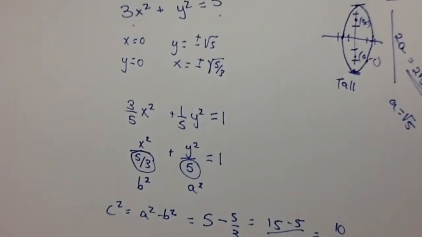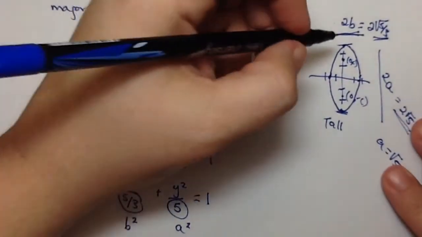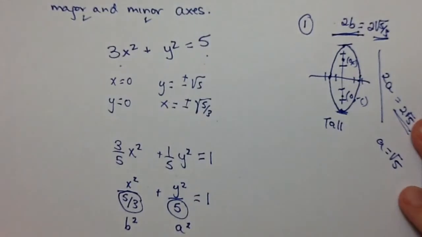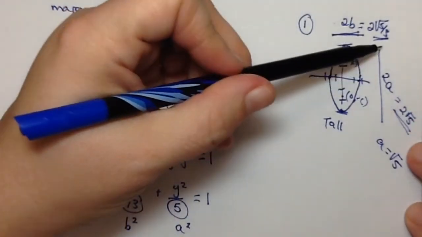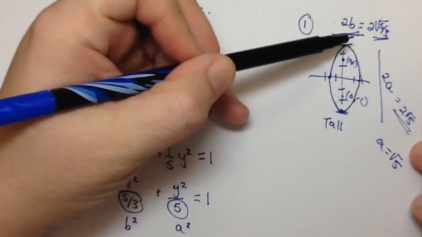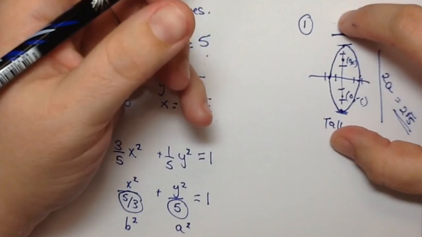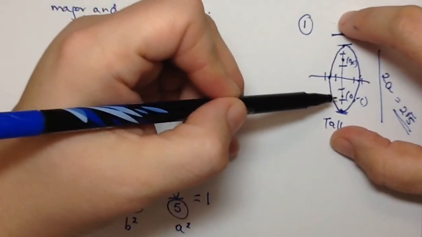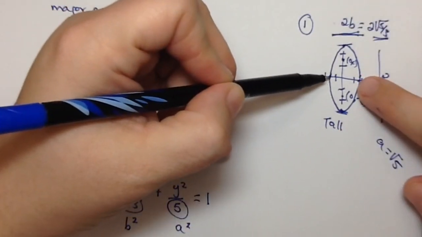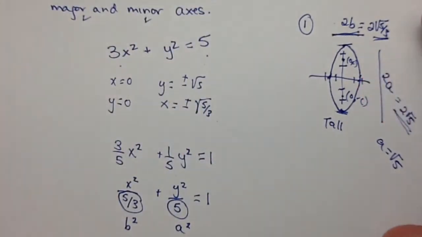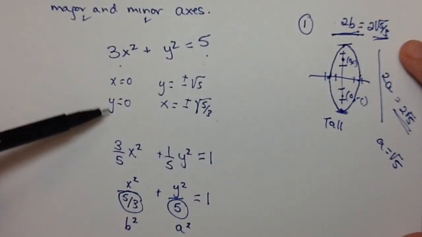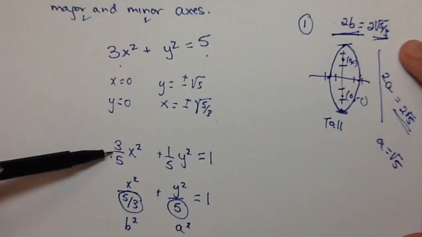So just to reiterate the steps, the very first thing I did was sketch it out so I could see which axis was major and which one was minor. And you know the major axis is the long axis, extreme to extreme, and the minor axis is the shorter one, extreme to extreme. Then you put your equation into standard form.